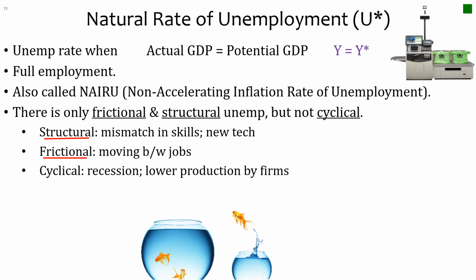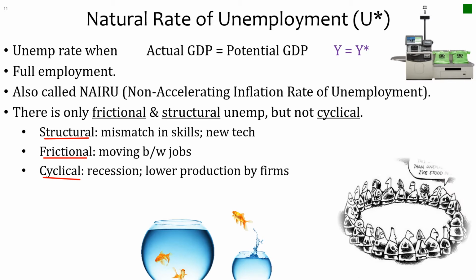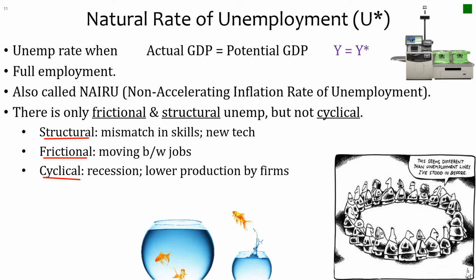The real problem, though, is cyclical. Cyclical is when the whole economy is doing badly, right? And that creates unemployment. That's a concern, right? So we would like to get rid of cyclical unemployment, but as long as there is only structural and frictional, that's natural. All right, so you can say that structural unemployment affects one industry and region.